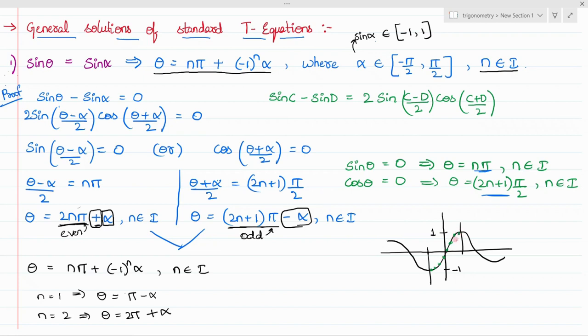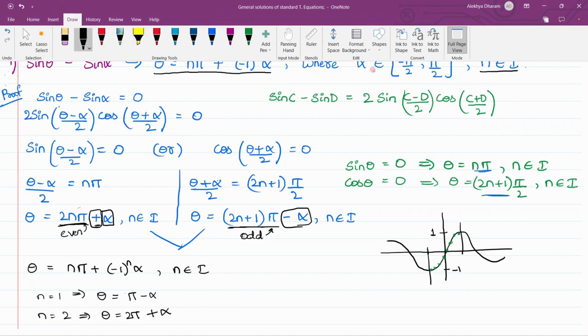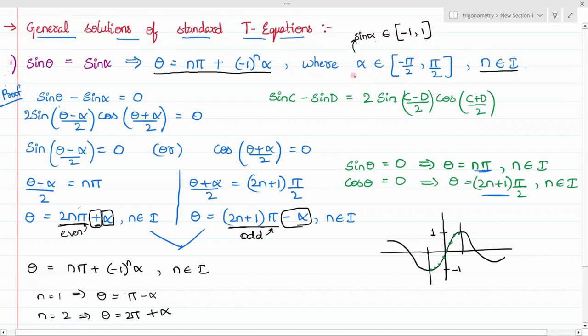So if you consider alpha from here, you can get any value of sin because it is bounded between 1 and -1. And to get an exact solution, you should use this range. That's the reason we have written alpha belongs to the closed interval minus pi by 2 to pi by 2.